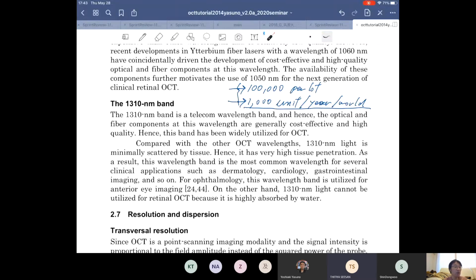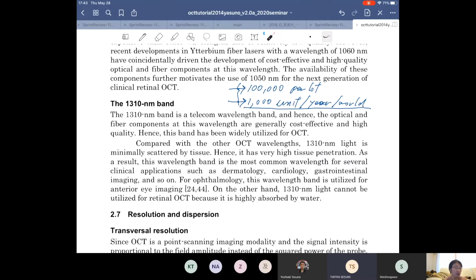But 1310 is not that dangerous because the light is absorbed by the water and it doesn't harm your retina. So this band is sometimes called the eye safe wavelength.